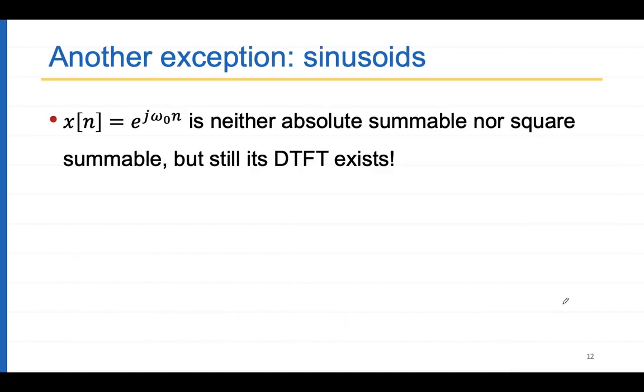Another exception, where x[n] is neither absolutely summable nor even square summable, but still the DTFT exists, right? That example is the pure sinusoid. In the case of a pure sinusoid, you have e to the power j omega naught n, and you have already computed the Fourier transform of this.